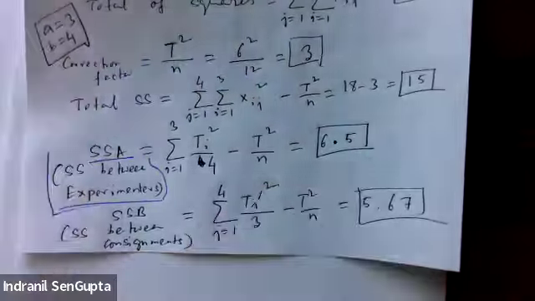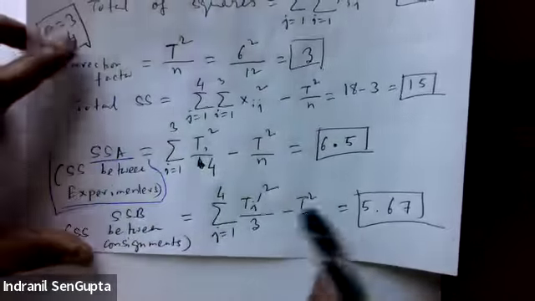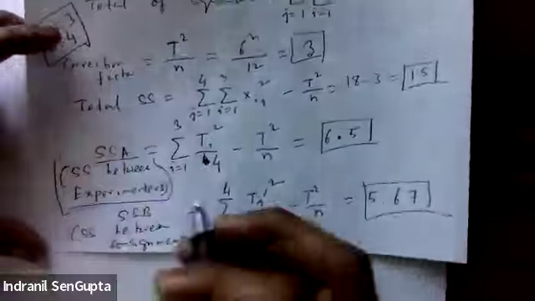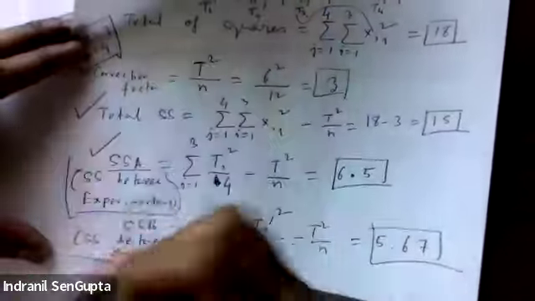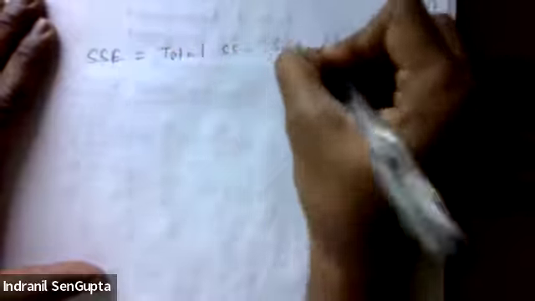From where am I getting all these equations? This is something which is written here. The computational way, I have listed everything which you need to know for computations. All right, so we have SSA, we have total SS, and then we have SSB. So that means we can compute SSE, which is the sum of squares due to error, which is total SS minus SSA minus SSB.